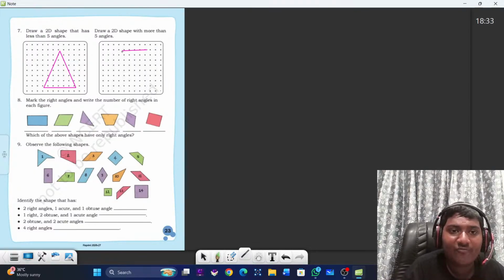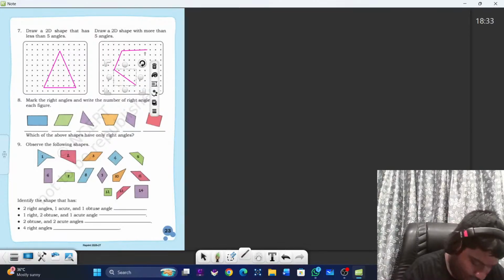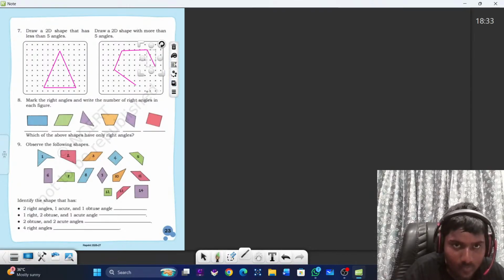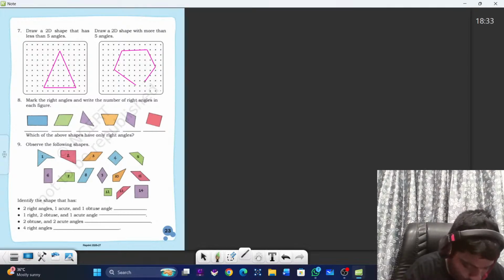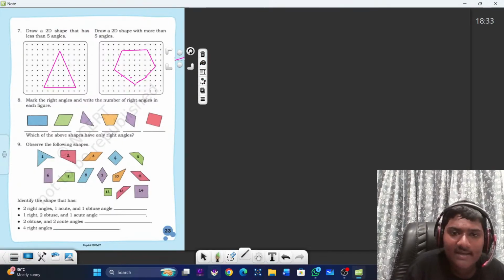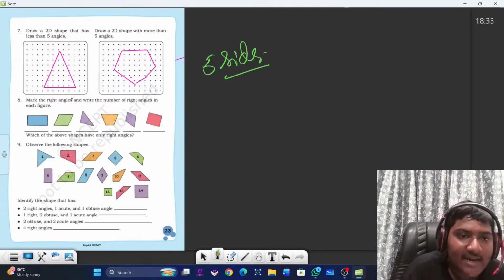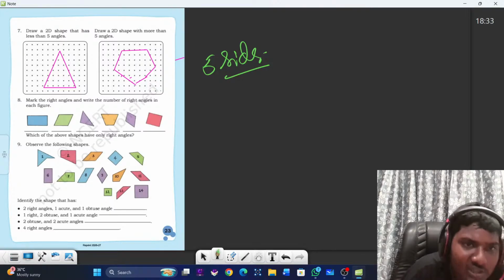What you have to do now is draw it in a proper way. Arrange it which has 5 sides. Make the right angles and write the number of right angles in each figure.